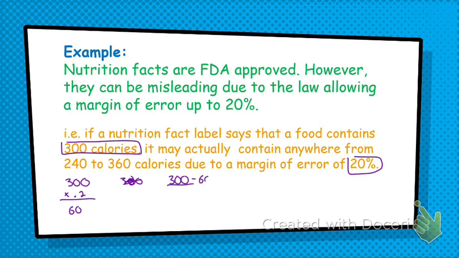So 300 minus 60 would be 240, and 300 plus 60 would be 360. That's where these figures are coming from. So once again, if a food label says 300 calories, it may actually contain less or more based off of this margin of error of 20%.